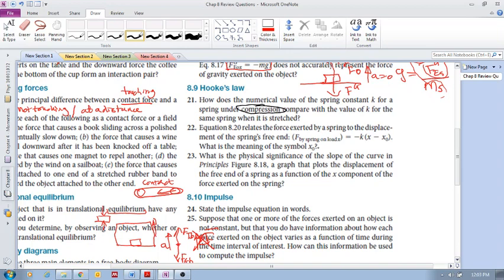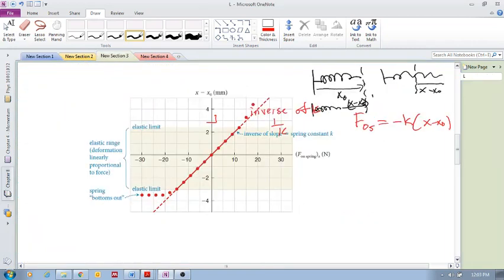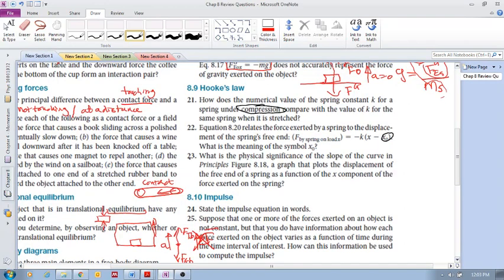What is the meaning of the symbol x0? This x0 is simply the length of the spring when there's no force being applied to it. It's in its relaxed equilibrium position. That's easy enough.